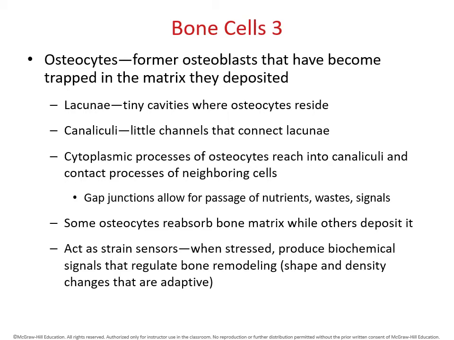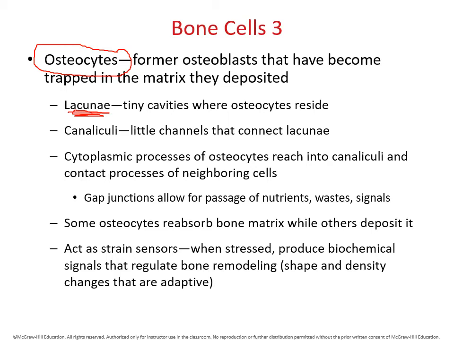So instead of calling them osteoblasts, we're going to call them osteocytes. An osteocyte is often called a mature bone cell, because it is a former bone building cell that has now become trapped in a little lacunae surrounded by the hardened matrix that it secreted. Now, instead of focusing on building, it will monitor stress and guide the remodeling process of the bone.